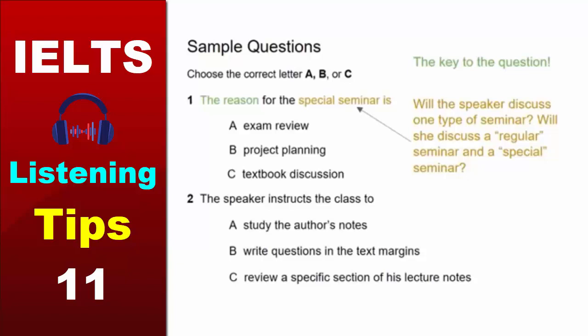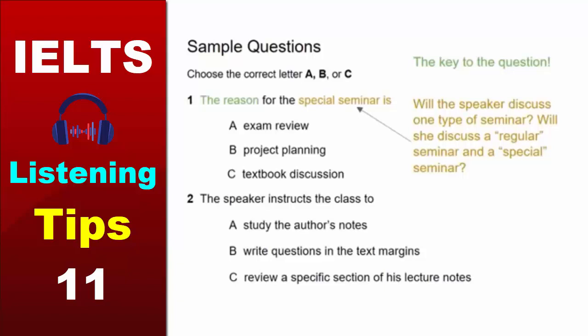We don't know. That would be something to be careful about with this question, that there might be different seminars described. And so we have to keep all of that straight and think about which seminar relates to this particular information, which is only focused on the special seminar. Okay, so something to consider there.